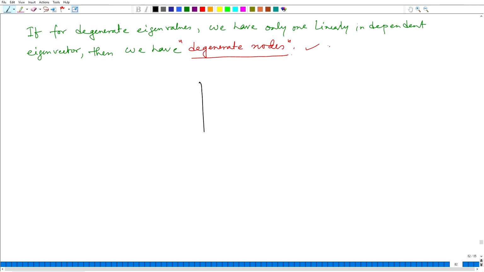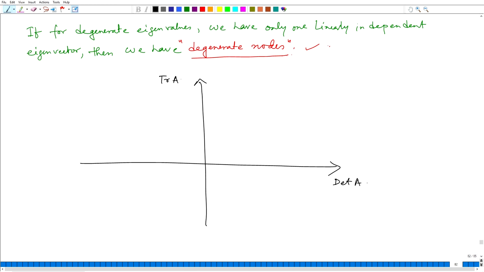So, a Poincare diagram is a diagram where you can draw determinant of A along, let us say, x axis. There is no hard and fast rule, you can do the other way around as well, and the trace of A as y axis, for example.